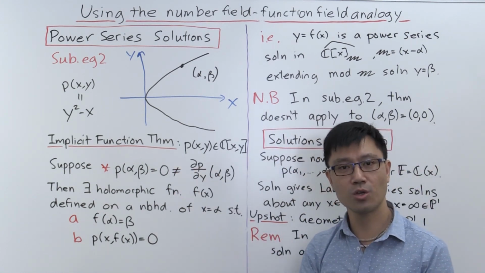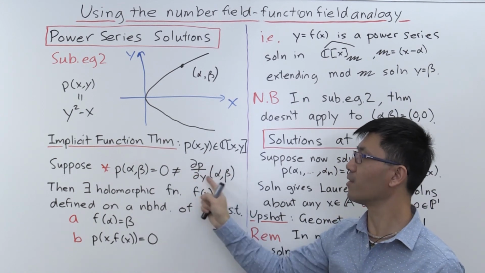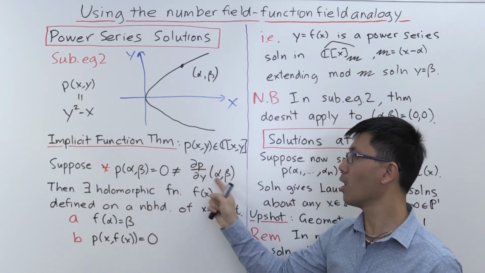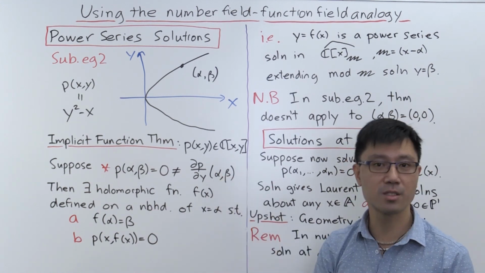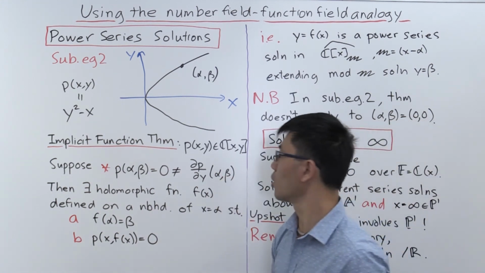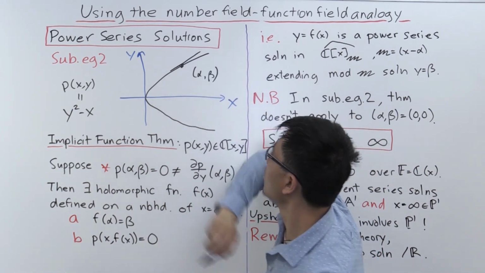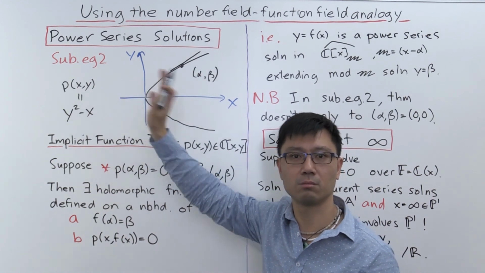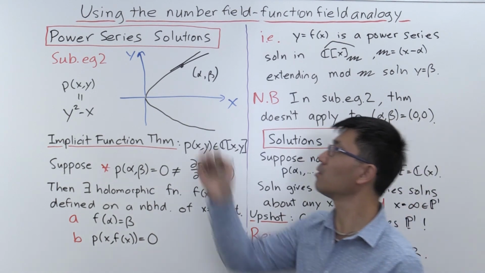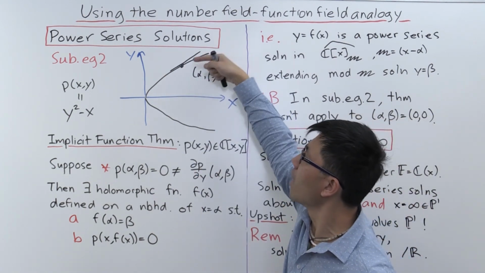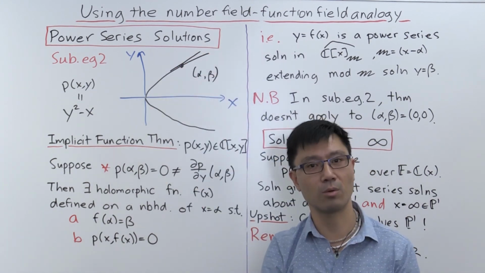And then what will we assume? We'll assume the following, that the derivative of this polynomial with respect to y at that point is non-zero. So what does that mean? If you look at the tangent line here, you want to make sure that this isn't vertical. Okay, so that's the key point there. Because it's not vertical, of course, this graph here looks locally like this tangent line, so it's locally invertible.